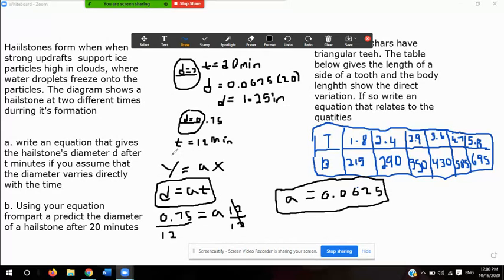But I do have, at the bottom, the second diagram, the diameter of a hailstone after 12 minutes. And after 12 minutes, the hailstone has a diameter of 0.75 inches. So we plug in the numbers here.